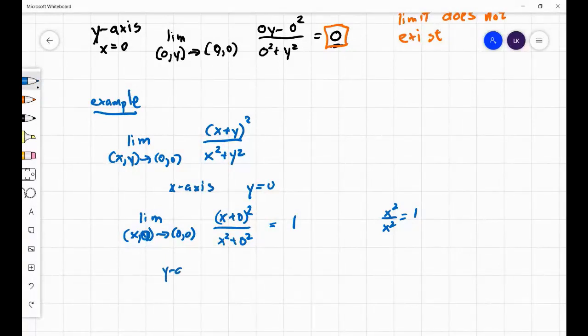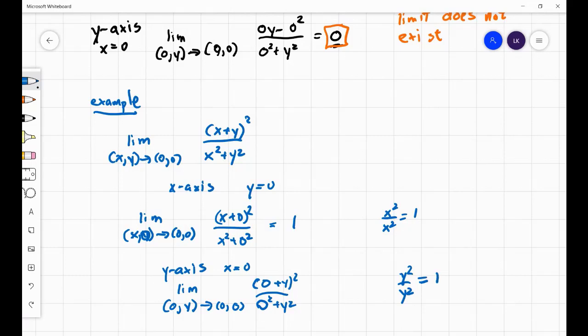And likewise, along the y-axis, defined by the equation x equals 0, we get the expression y squared over y squared, which reduces to 1.